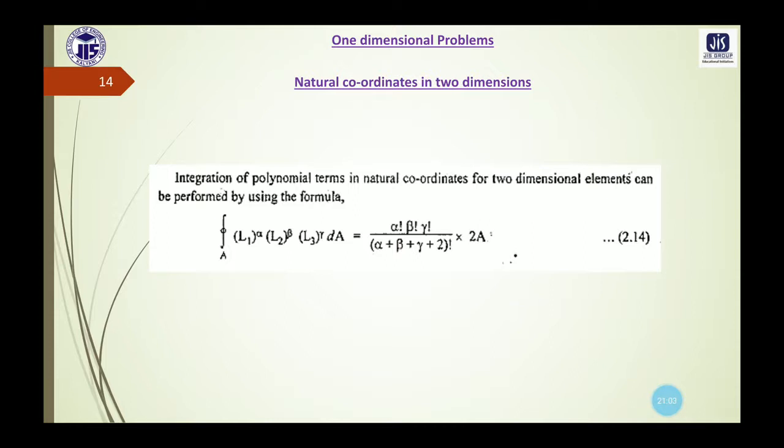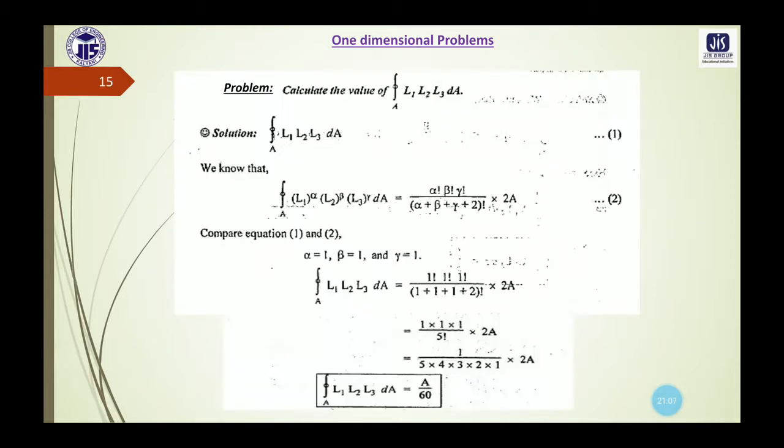The formula is the integration of L1 to the power alpha, L2 to the power beta, L3 to the power gamma dA, which equals factorial alpha, factorial beta, factorial gamma, multiplied by twice A, divided by factorial of alpha plus beta plus gamma plus 2.